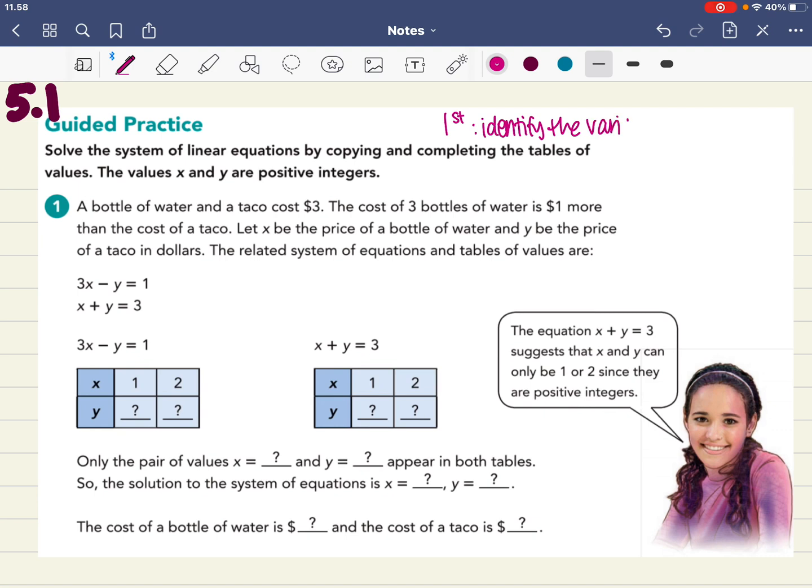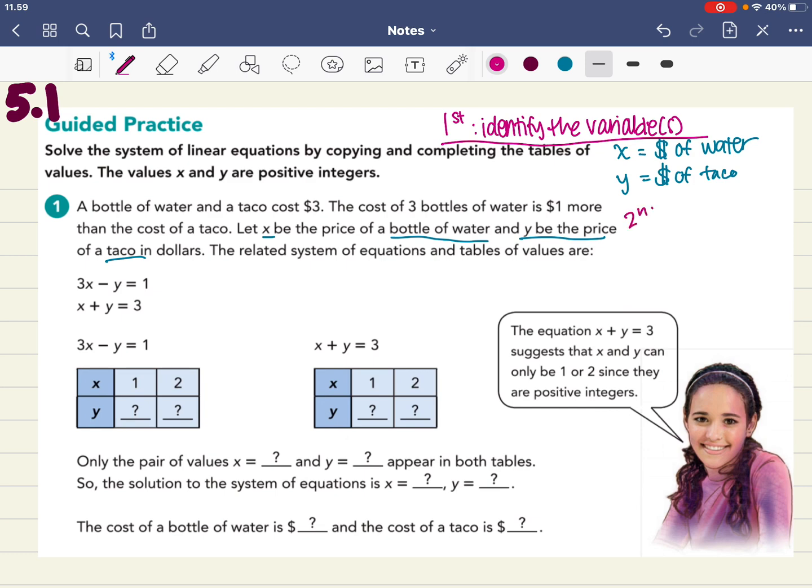So in this case, they say x is the price of a bottled water, and then y be the price of taco in dollars. Alright, and then the second step would be to come up with an equation, right? So this is the first step.